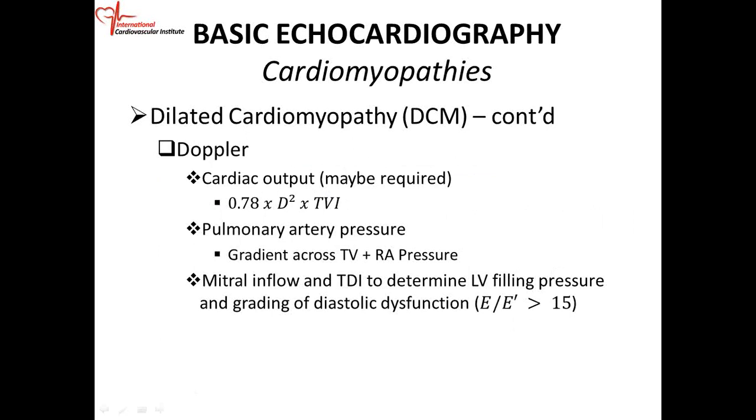The cardiac output is going to be low in someone who has a dilated cardiomyopathy, and that is why you should do it. When you do your pulmonary artery pressures, you might get elevated pulmonary pressures, because the LV is not contracting properly, the pressure is going to increase, and it is going to go all the way back to the pulmonary system.